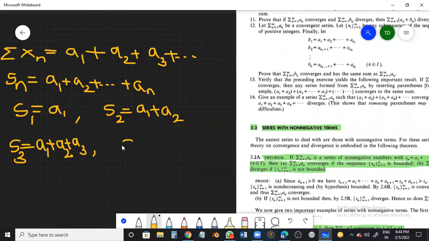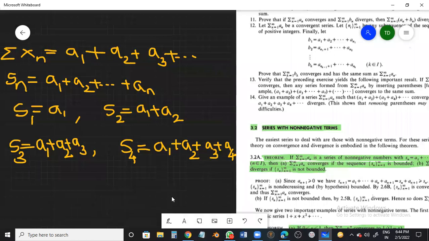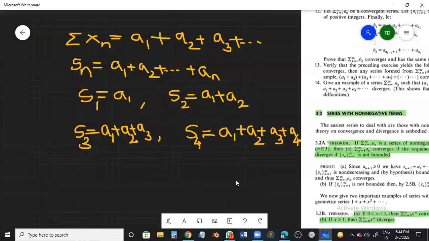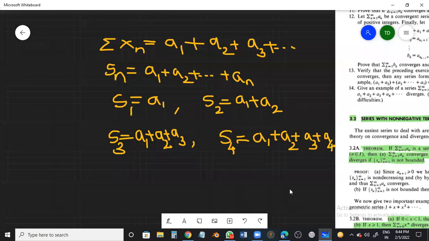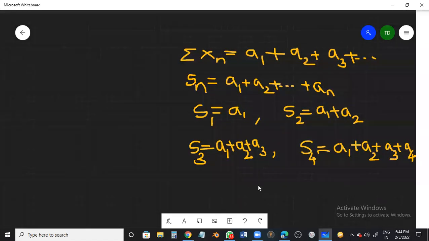And S4 is A1 plus A2 plus A3 plus A4. Specifically, I have written this so. Yes, do you recall?